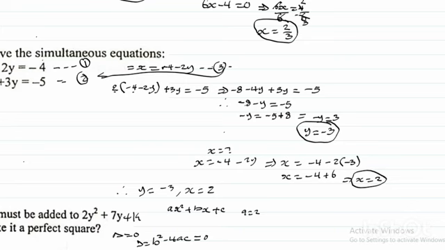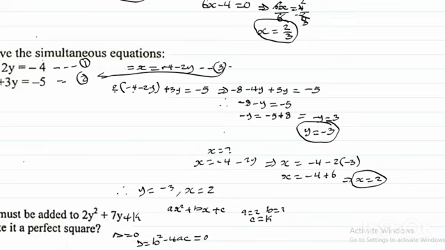Comparing the coefficient of y, it is 7, so our b is equal to 7. Our c is equal to k, and that is the value of k we are looking for.